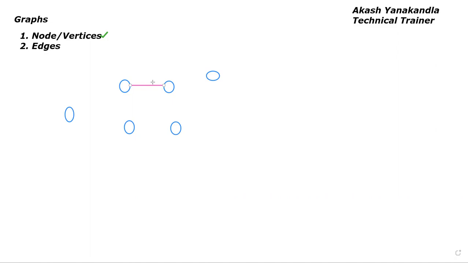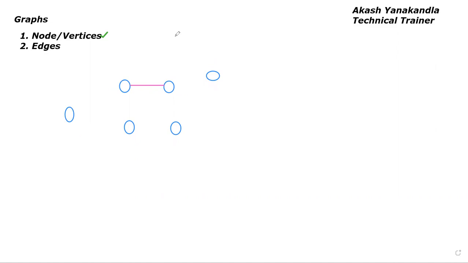Let's consider the distance between the first node and second node. This particular line is representing the length, also known as an edge. So this is an edge between the two nodes.